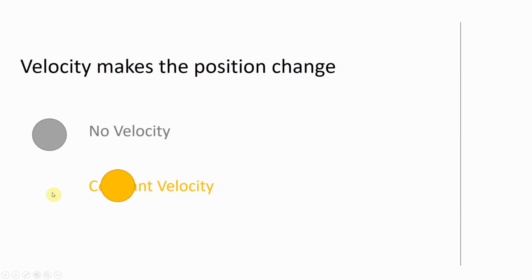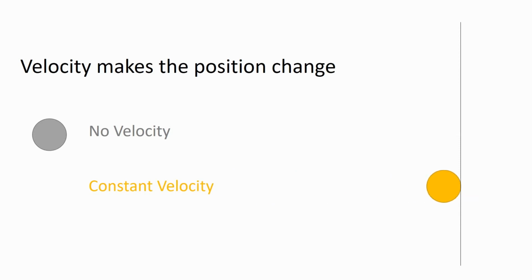So if I give this yellow guy some velocity, there it goes. Now, when the velocity is constant, that does a fixed amount of distance per time. So this is like moving at exactly 10 miles per hour or 1 meter per second. And if we watch this go again, you see that that speed never changes.